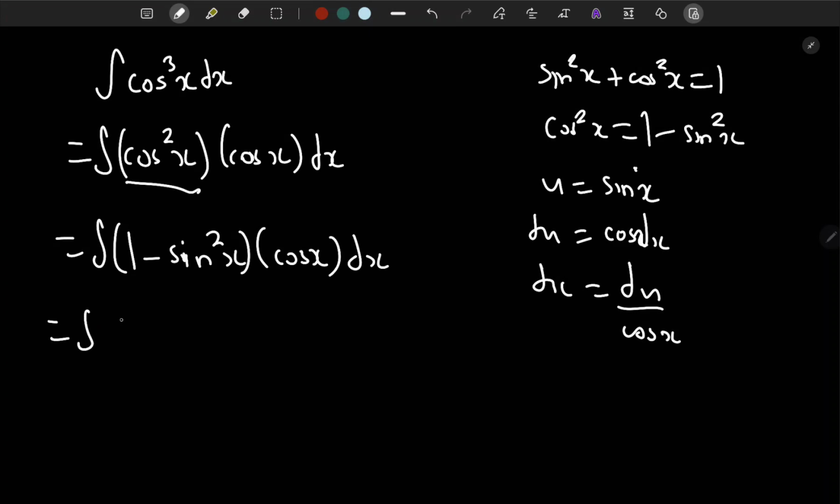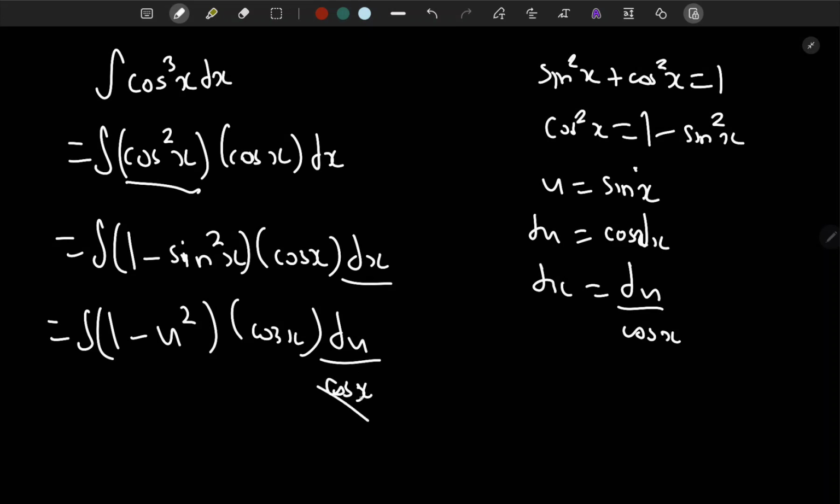So now let's rewrite it in u terms. It's going to be 1 minus u squared, times cosine x, and dx is du over cosine x, and this cancels out. So we can simplify and write du.